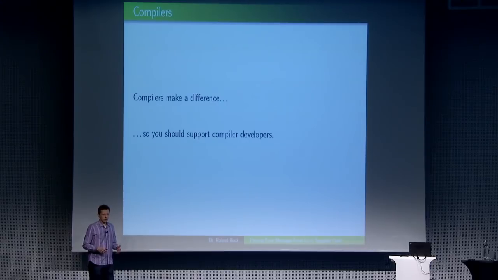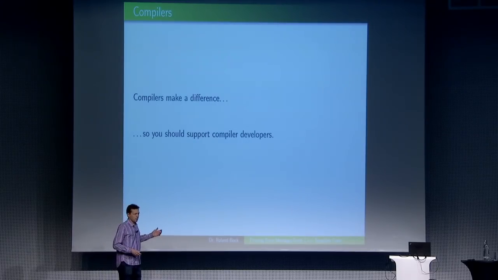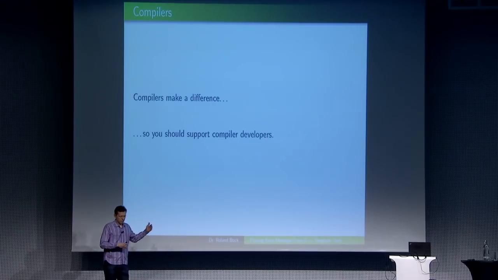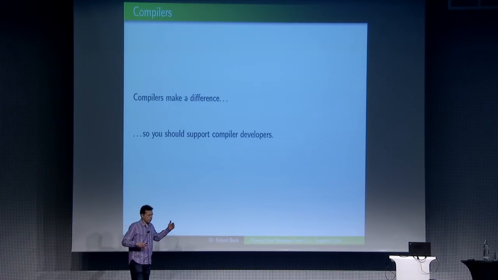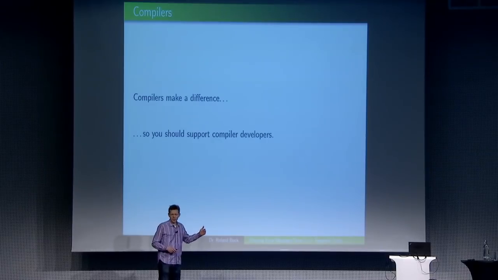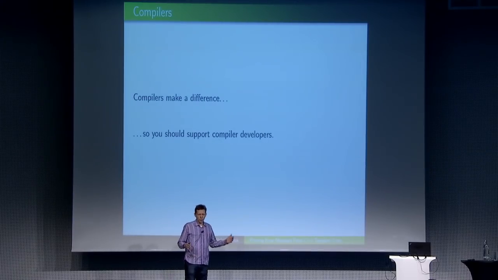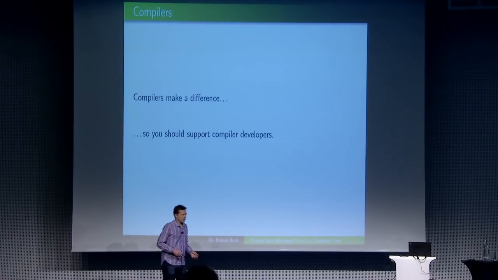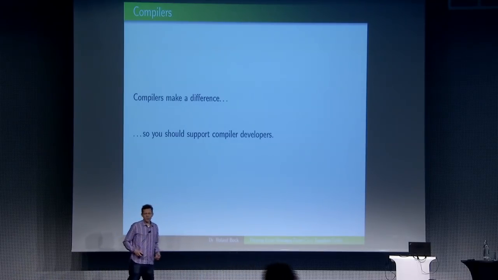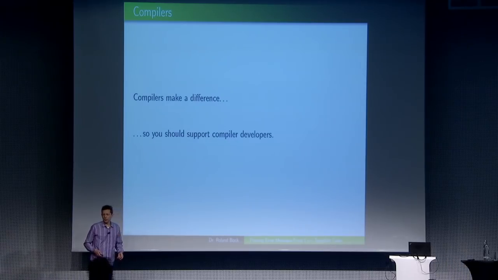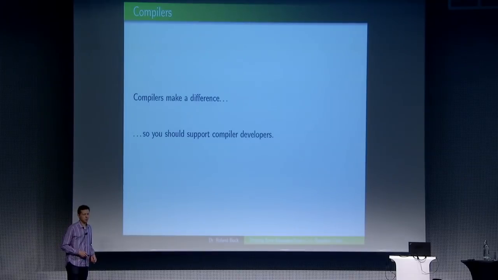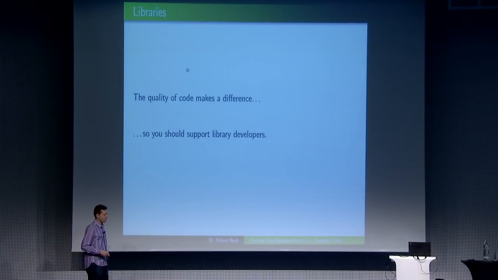So you should support compiler developers because it makes a difference. The race between Clang and GCC has supported basically both groups. They are both improving on their error messages, and users should support them. You can have global impact if you support compiler developers, and I mean, not many people can say that of themselves.